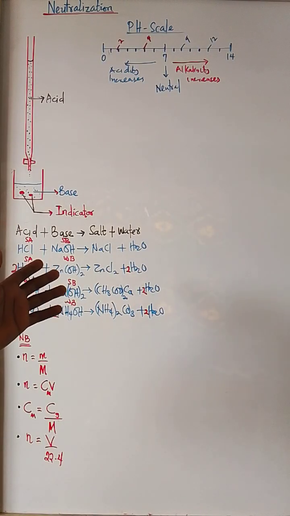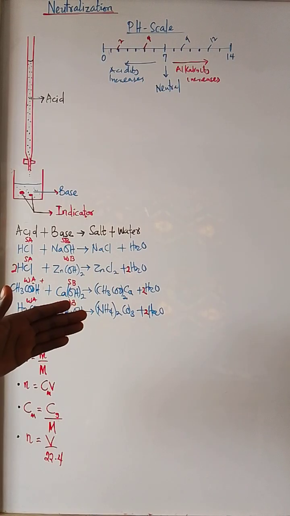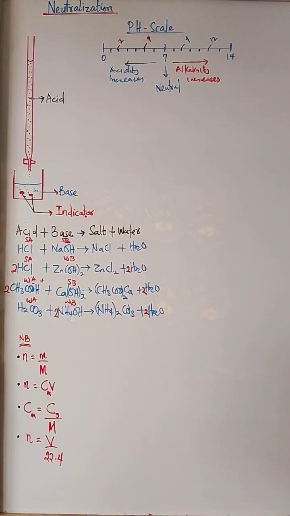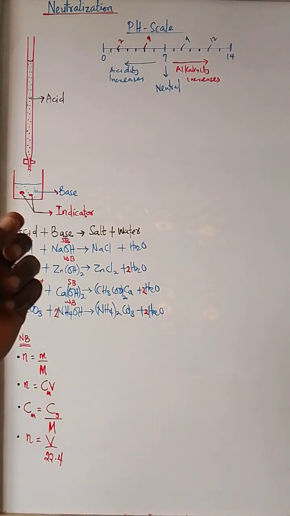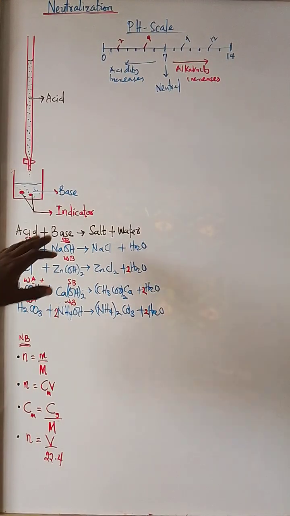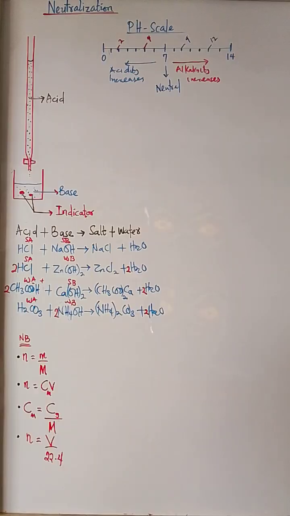The color will suddenly change, let's say from red to colorless, or from red to pink, or from pink to colorless, or pink to red. There will be a sudden change. Whenever you have that sudden change, it means the end point has been reached. It means neutralization has occurred. That is the advantage of the use of an indicator.